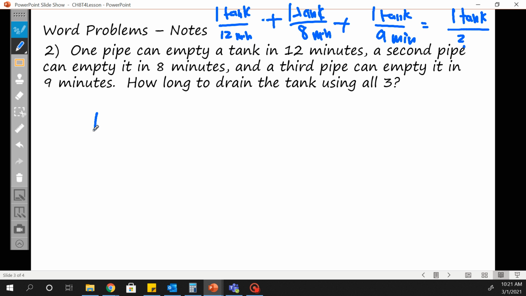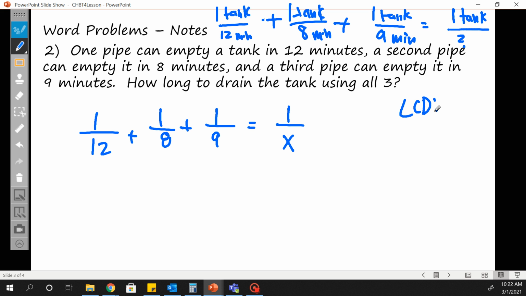Okay, so all those rates together, how long does it take to drain one tank? So we got one tank in 12 minutes plus one tank in 8 minutes plus one tank in 9 minutes equals one tank in some unknown number of minutes. Okay, so I will find the LCD. LCD here is 72 times x. 12 goes into 72 six times, 8 goes into 72, and 9 goes into 72.